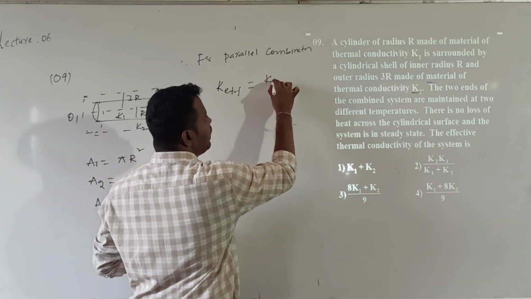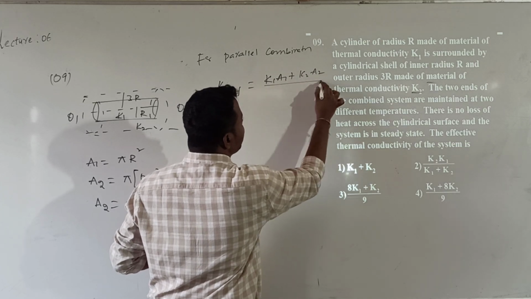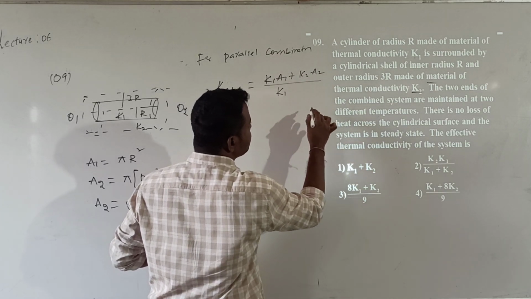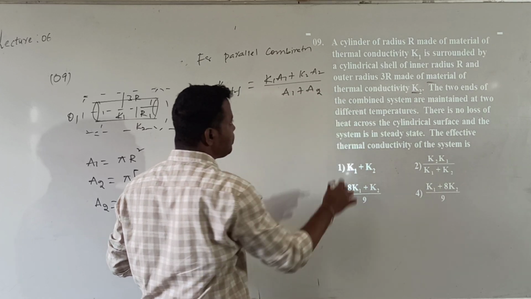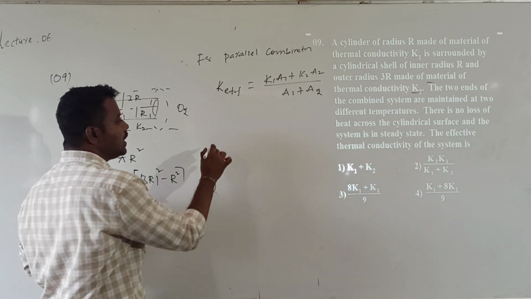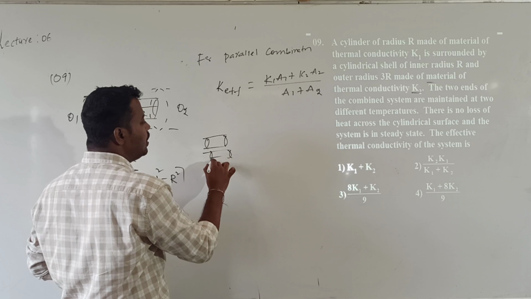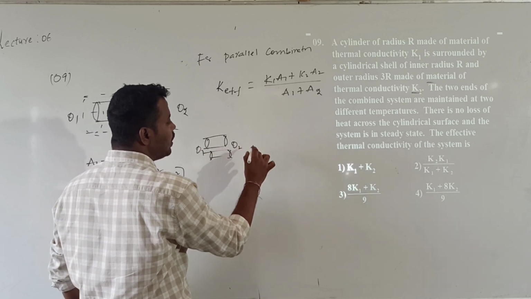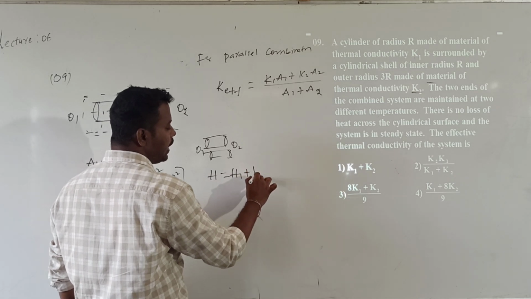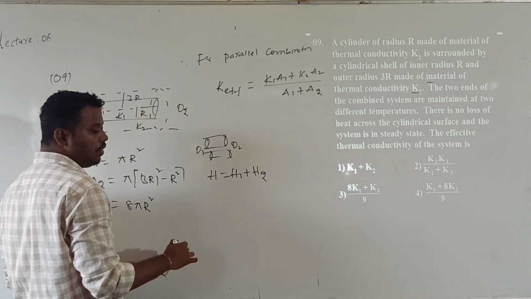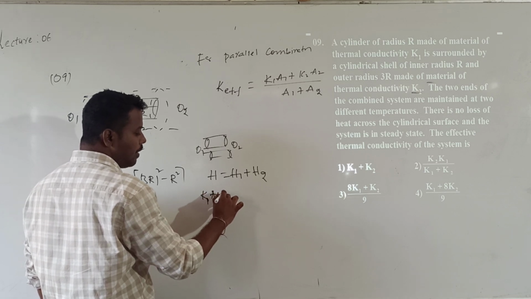Effective value is given by K1 into A1 plus K2 into A2 divided by A1 plus A2. We derived this. Whenever two rods are connected in parallel, can you remember? In case of parallel combination, the temperature gradient is the same, whereas the total heat flow will be equal to the sum of the heat flow across both. Total heat flow formula will be given by K effective into A1 plus A2.